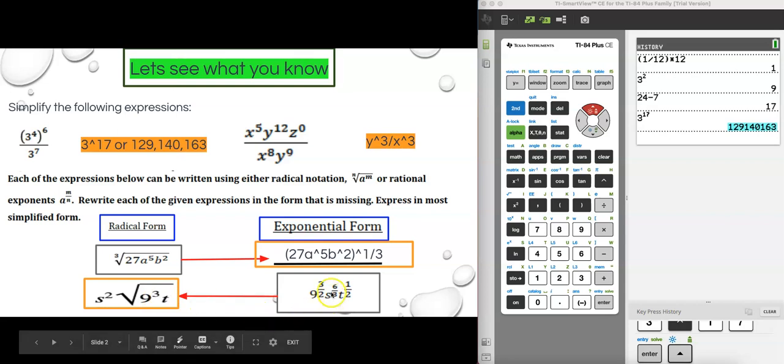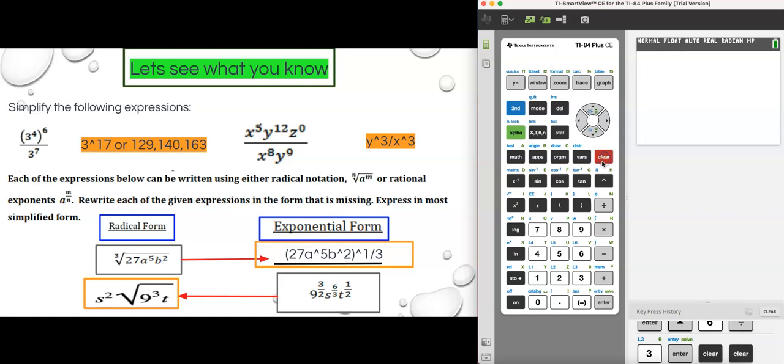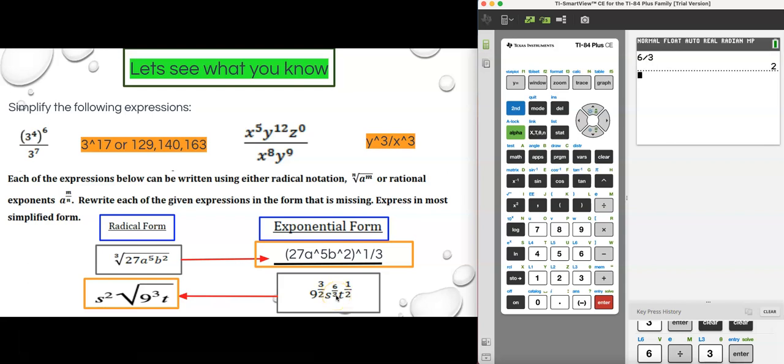Now, the s to the 6/3 power, well, you know that a fraction is nothing more than division. So if you put 6 divided by 3, you should just get 2. Since 6 divided by 3 is a whole number, it's not a fractional exponent anymore, so it can't go under the radical.